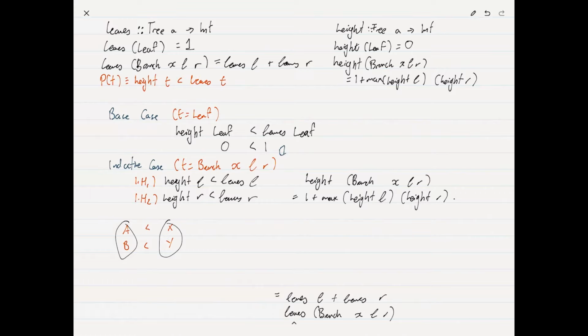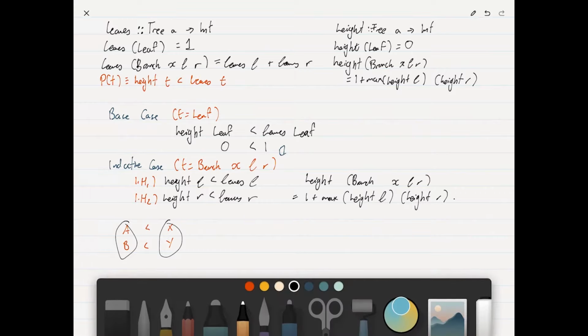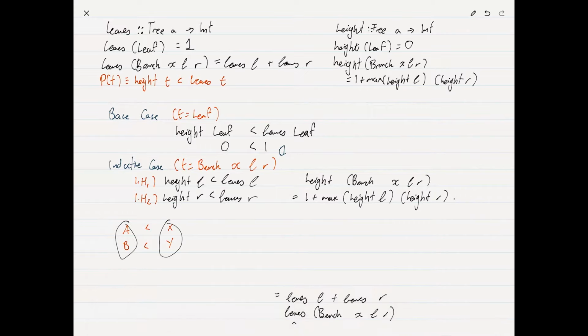So if I use both inductive hypotheses at once, then I do get this fact. I know this is smaller than the maximum of the leaves of L and the leaves of R.